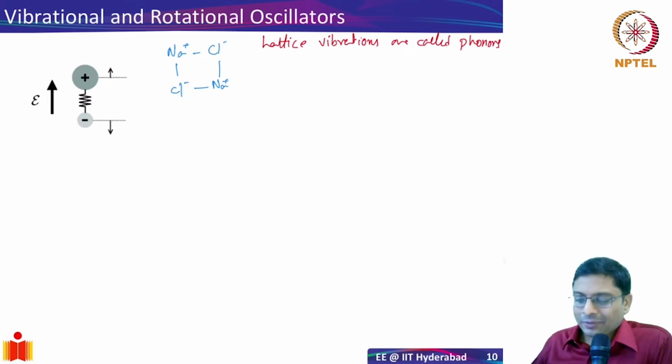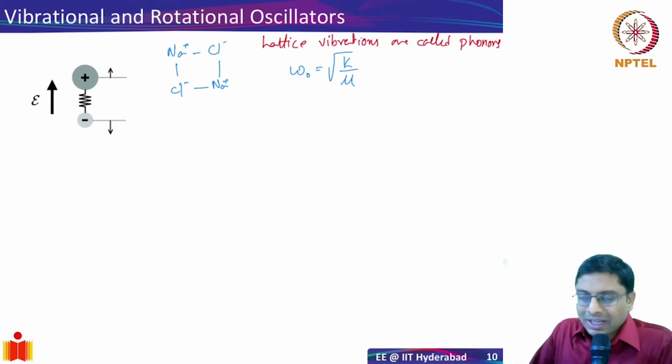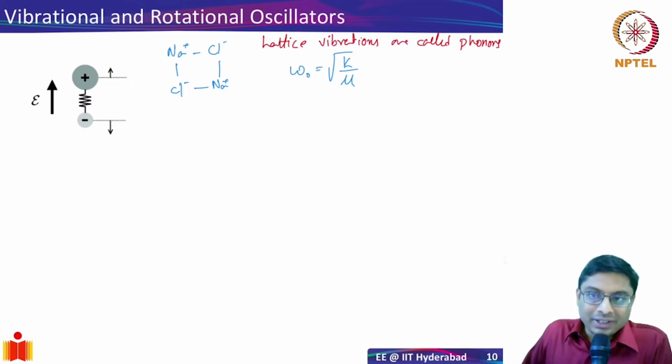We saw from our simple oscillator model that omega naught is equal to root of k by mu. Now, in the previous case, we had one electron and the nucleus, so the effective mass is going to be small. But in the case of a sodium chloride crystal, you have 2 larger atoms, sodium and chlorine, because of which the reduced mass mu is going to be larger.